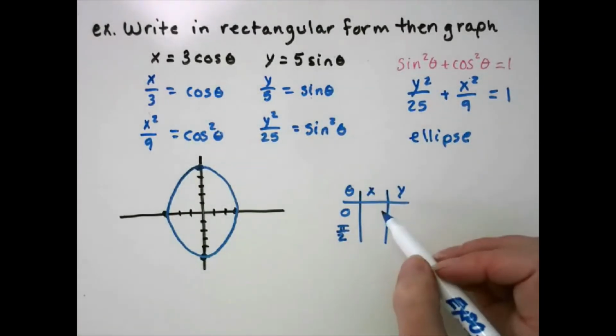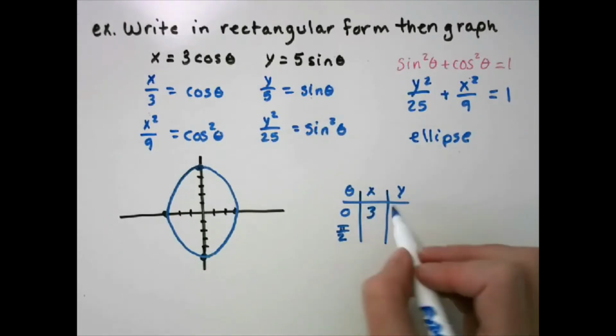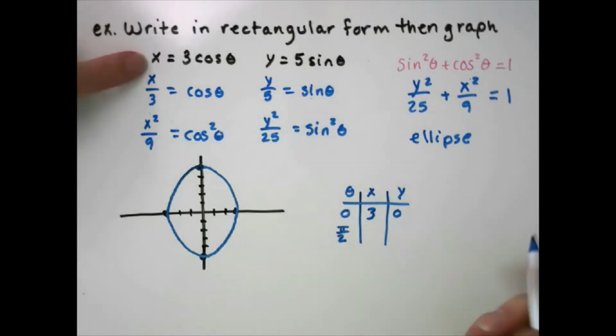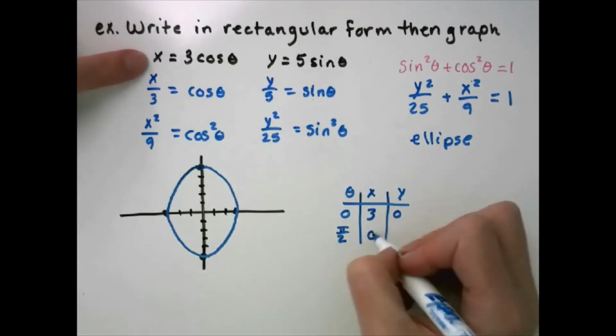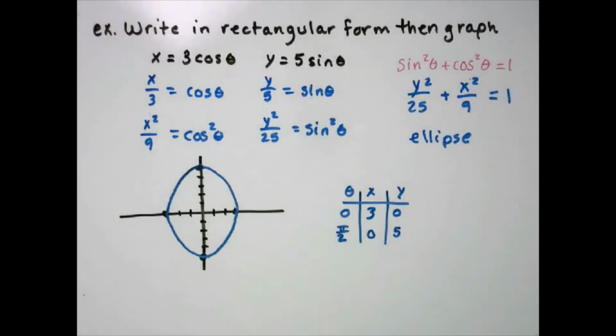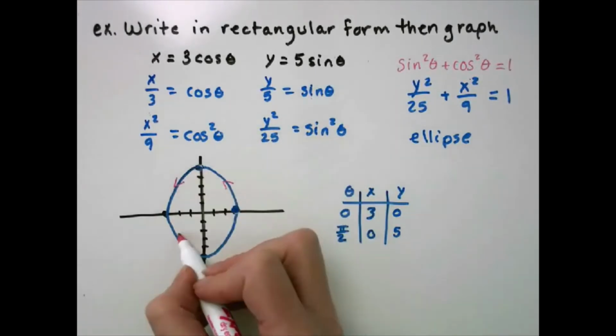So if I plug in 0, cosine of 0 is 1, so I'm at the point 3, sine of 0 is 0. If I plug in pi over 2, cosine of pi over 2 is 0, sine of pi over 2 is 1, so I get 5. So the order these were graphed in is this point followed by this point. So my direction is going to go this way.